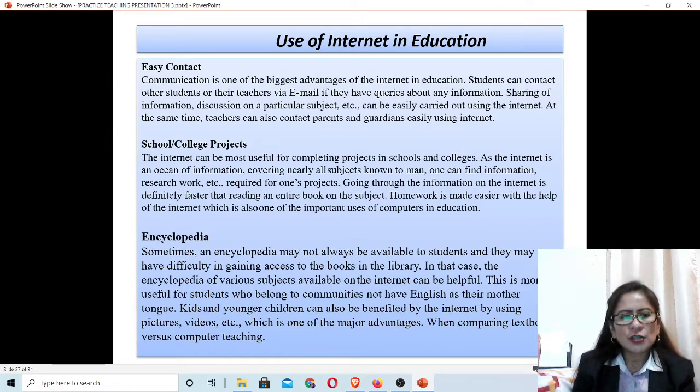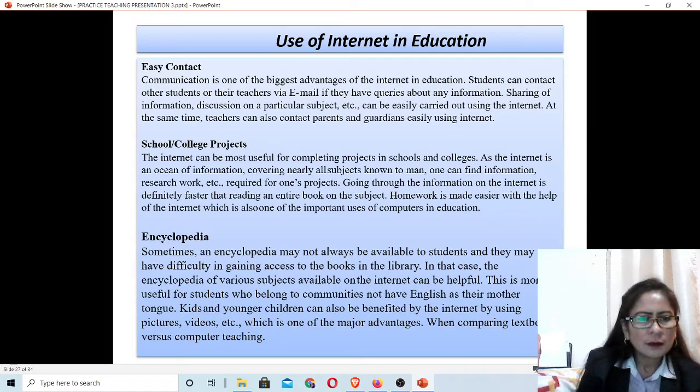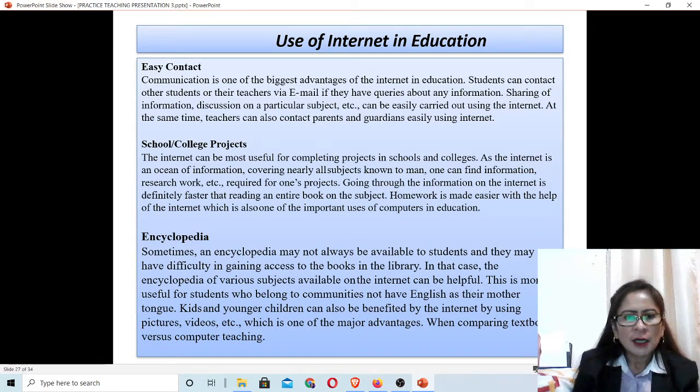School and college projects. The internet can be most useful for completing projects in school and college, as the internet is an ocean of information covering nearly all subjects known to man.